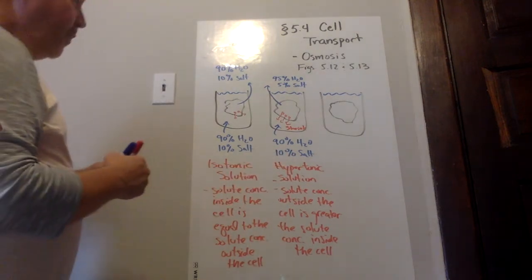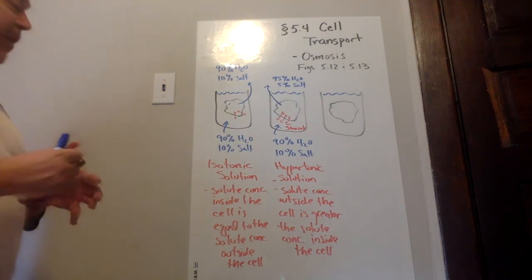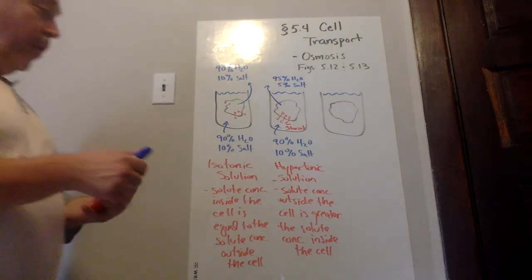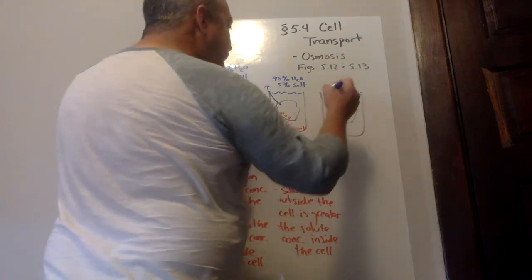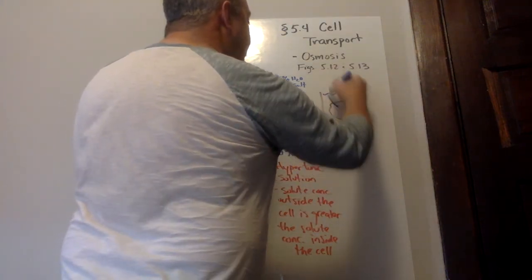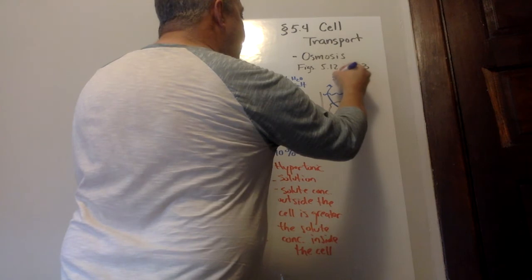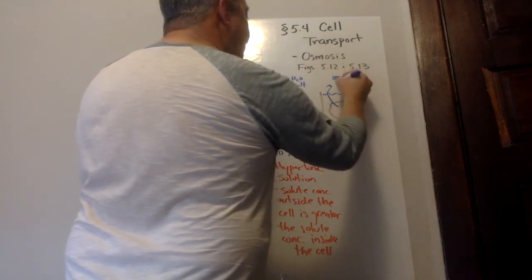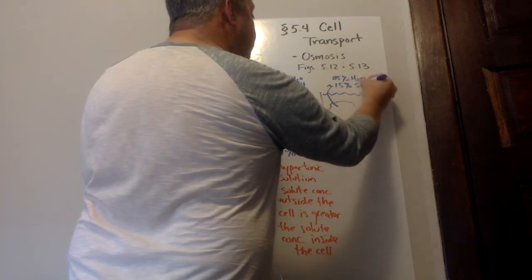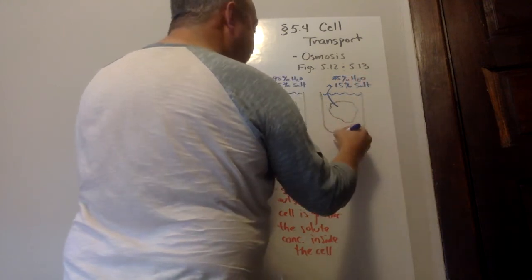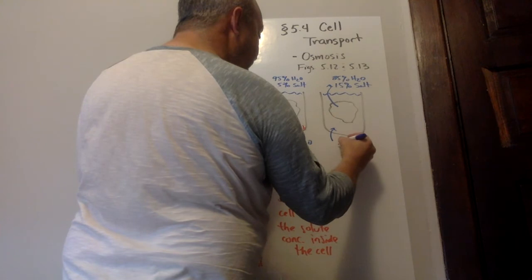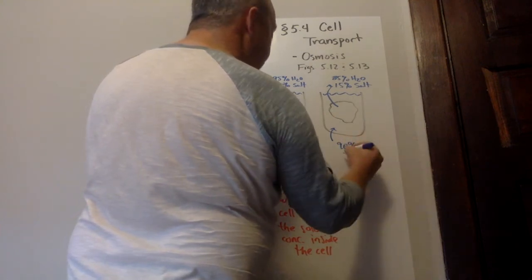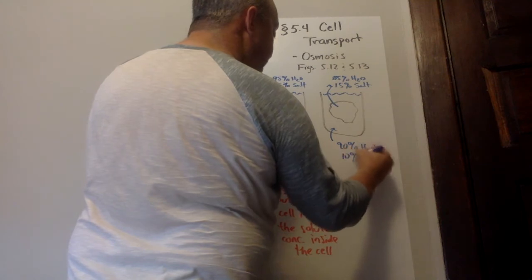So our third scenario would be the third possible way we could define our solution. It can be either isotonic, hypertonic, or hypotonic. And in this condition, it's going to be the opposite. We're going to have, let's say, 85% water inside the cell and a 15% salt solution. And on the outside, we're going to still have our same 90% H2O and now 10% salt.